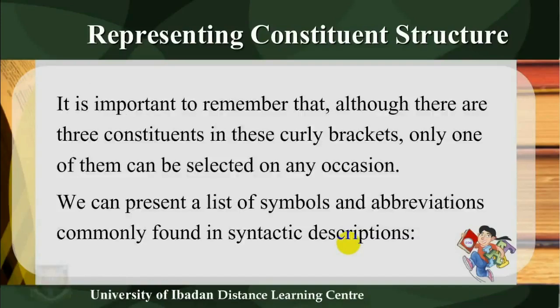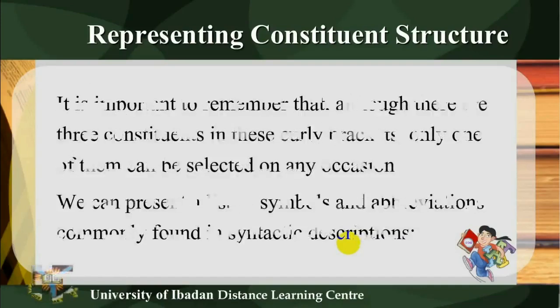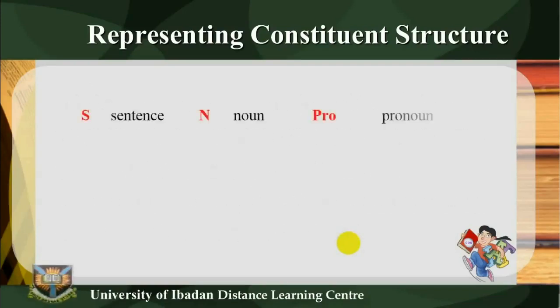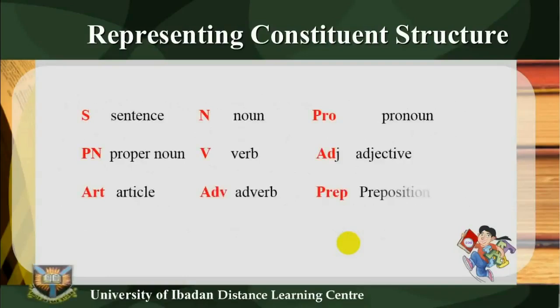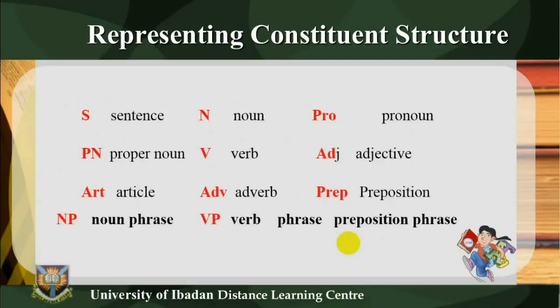We can present a list of symbols and abbreviations commonly found in syntactic descriptions. S, sentence. N, noun. Pro, pronoun. PN, proper noun. V, verb. Adj, adjective. Art, article. Adv, adverb. Prep, preposition.